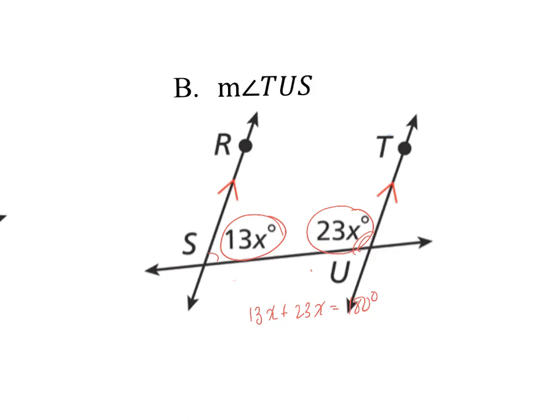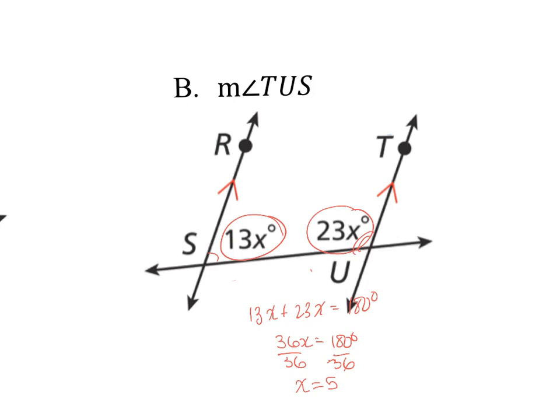So combine like terms and I end up with 36x equals 180 degrees. Divide both sides by 36. X equals 5. You can plug these back in and make sure that that'll equal 180 degrees.